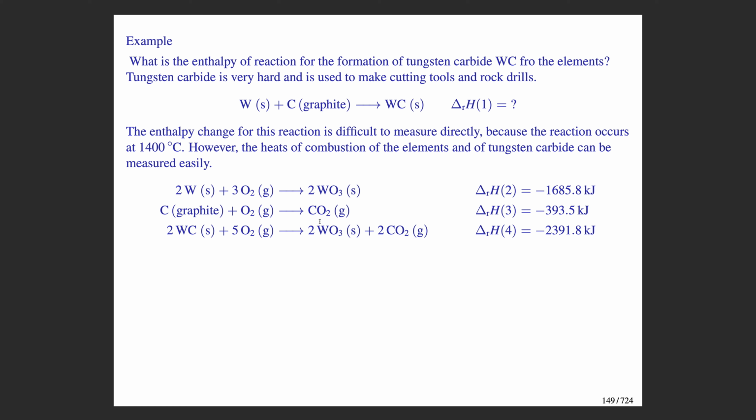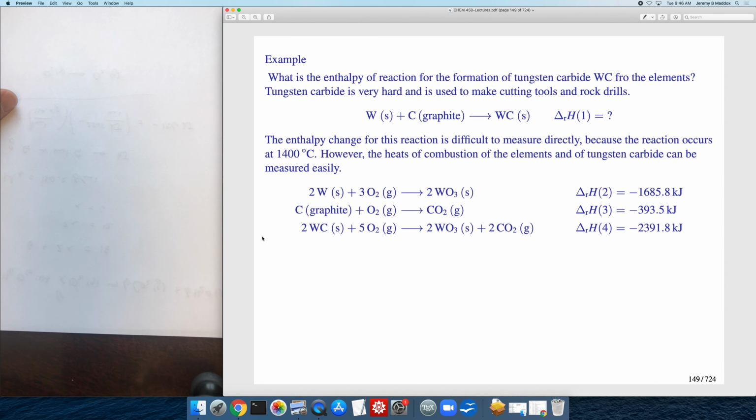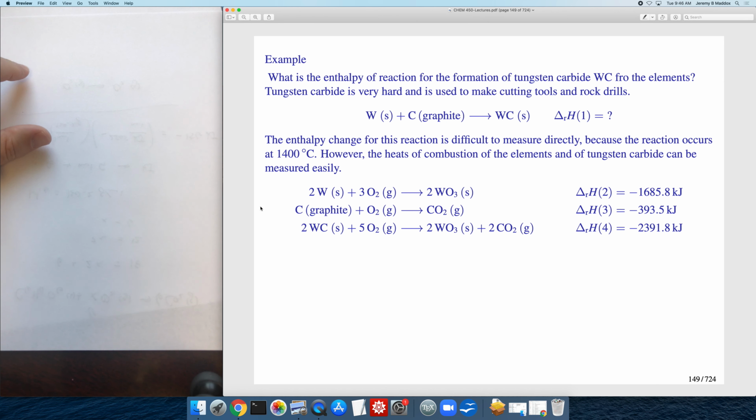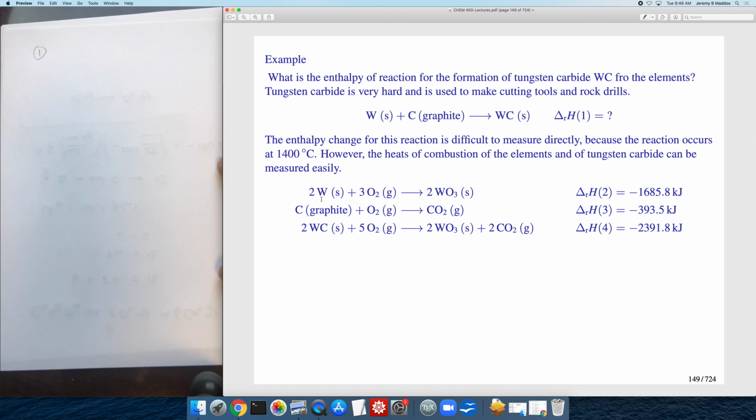So these are all known reactions. Here's our unknown reaction. The question is, how do we build this unknown reaction 1 in terms of the known reactions? So I like to start with my first reactant, tungsten. And where do I find it in my known reactions? I see that it's in reaction 2.